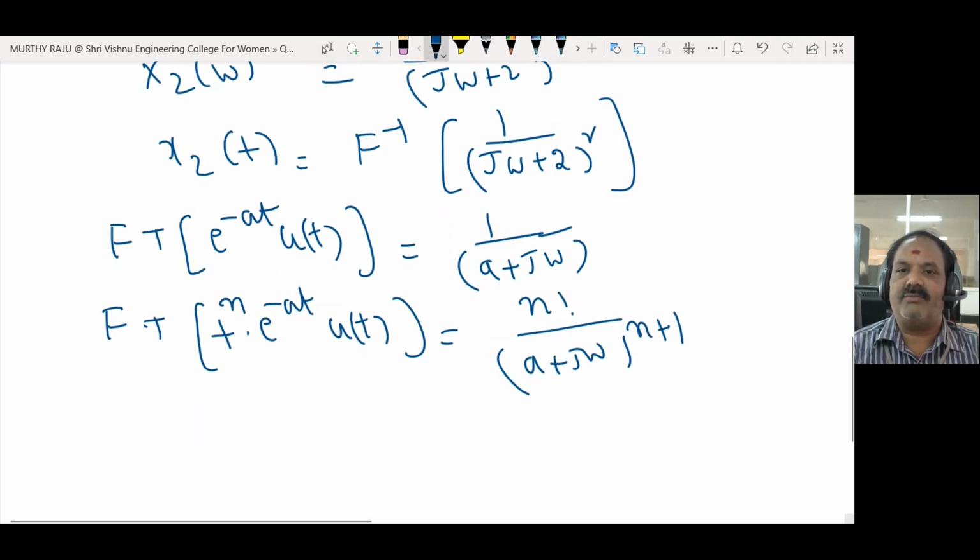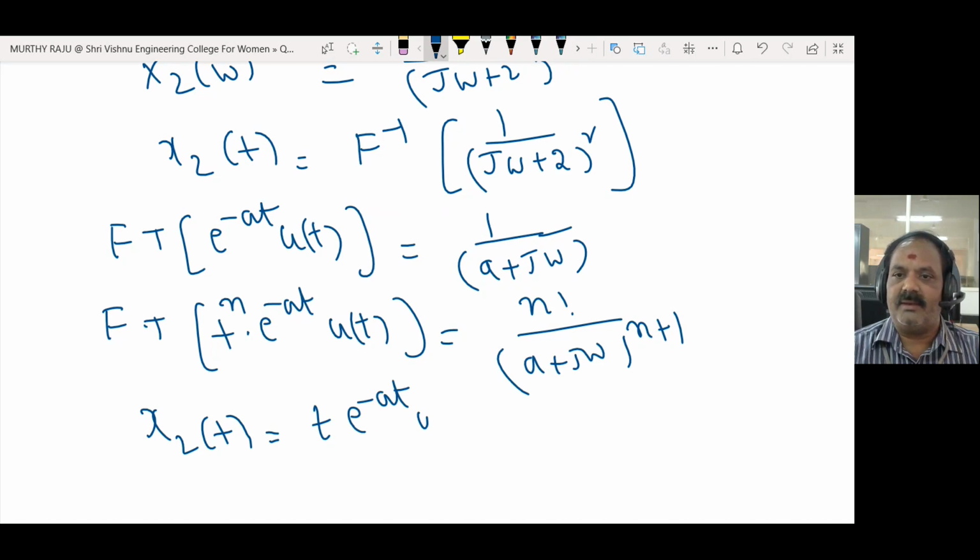Therefore, X2 of t is equal to, with a equal to 2 and n equal to 1, t e power minus at u of t.